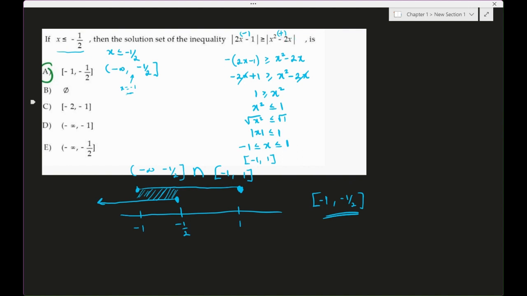Here it's positive, so we can remove the absolute value. Then we solve this nonlinear inequality and get that x is between minus 1 and 1. But there is a restriction that x should not be more than minus 1 over 2. That's why we had to take the intersection of these two. It's like you have two conditions, and the intersection gives you your required solution set.